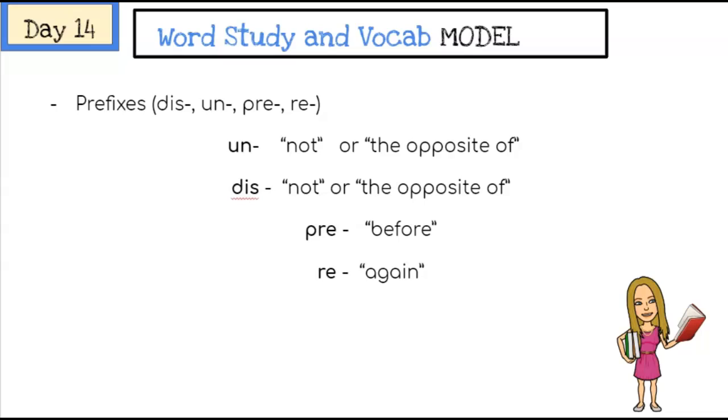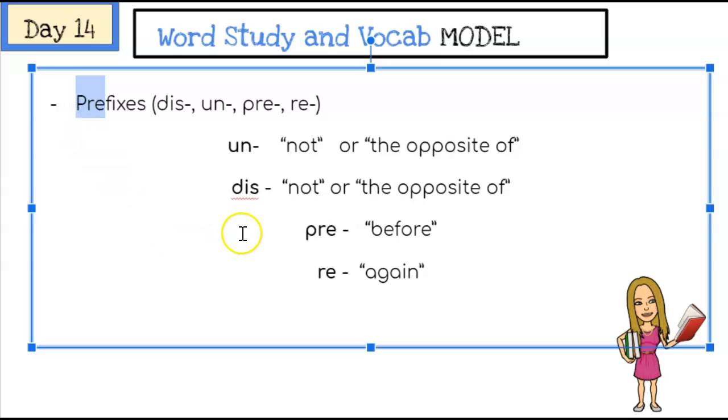We have dis, un, pre, and re. Now remember, prefixes get added to the beginning of the word. If you look at the word prefix, you actually can see a prefix in the word prefixes, pre. And if we look, pre means before.